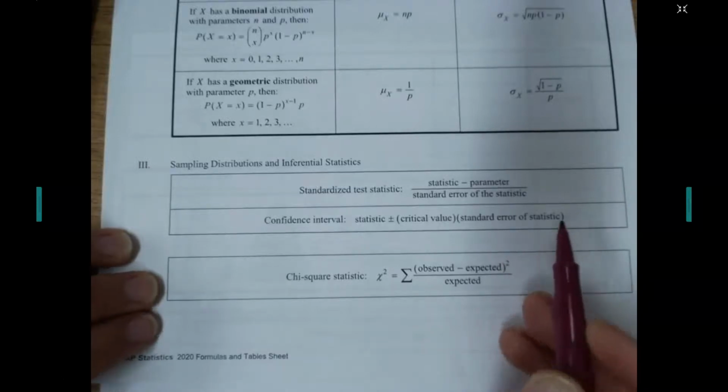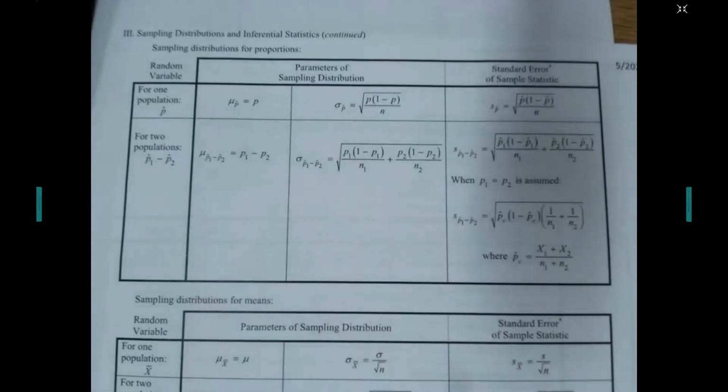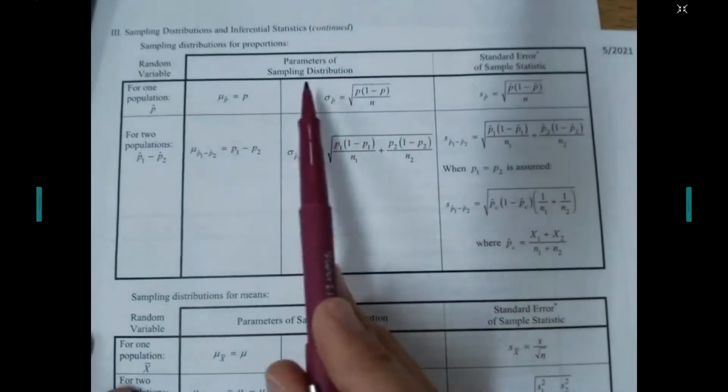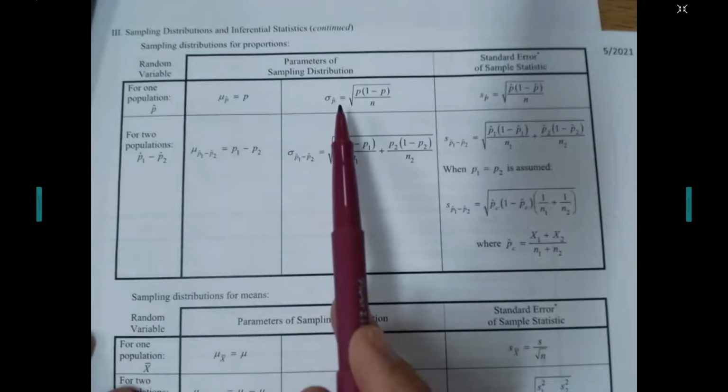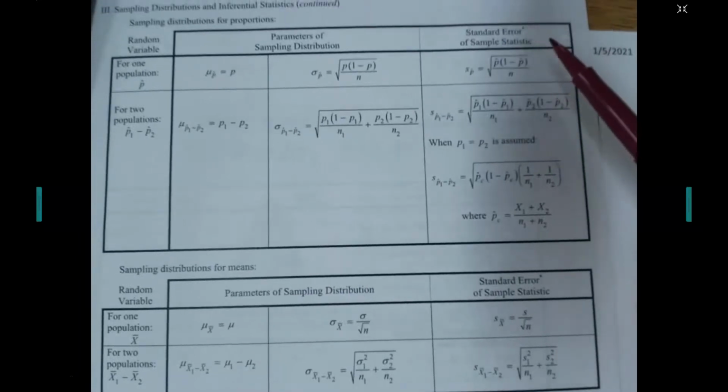Standard error. If you flip your paper over, notice how on these tables we have the parameters of sampling distributions, with the mean and standard deviation for each of these. But then over here it says standard error of a sample statistic. Here are your standard errors.